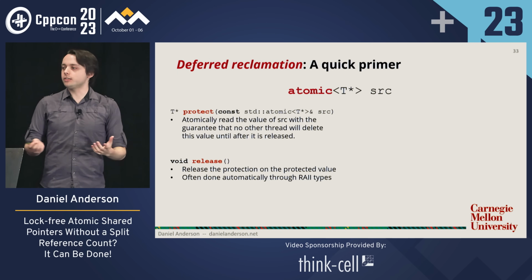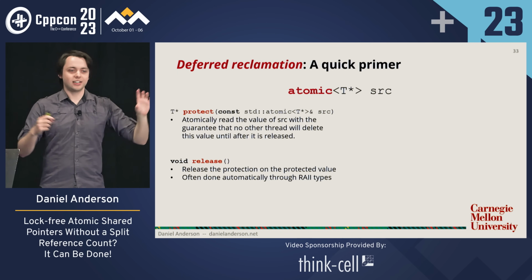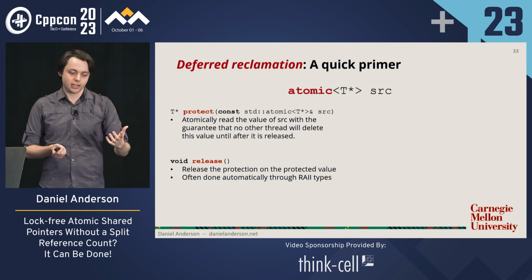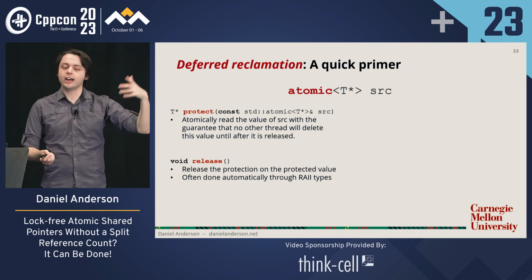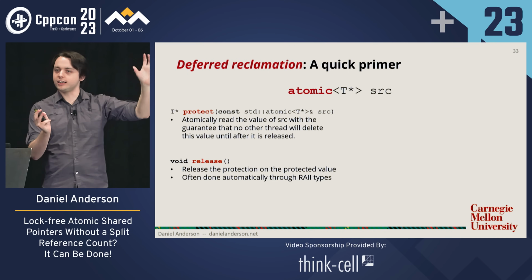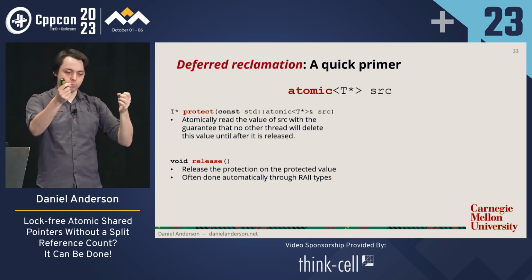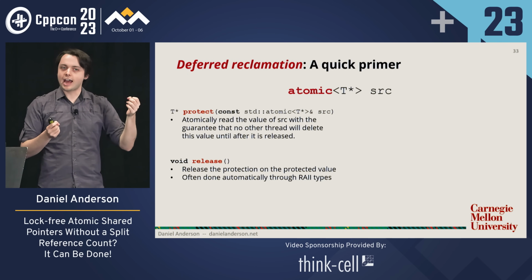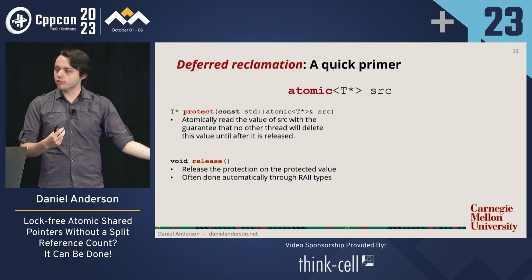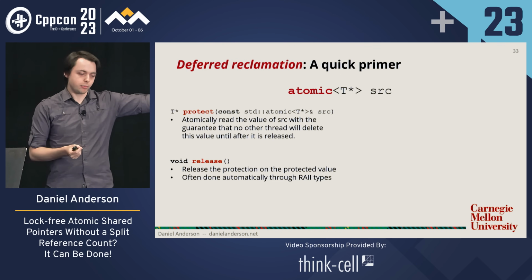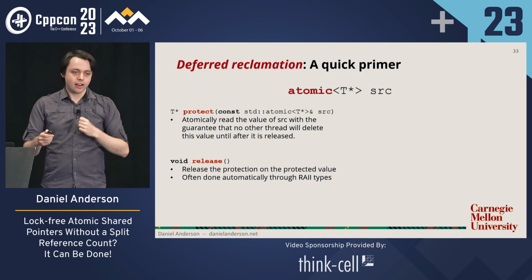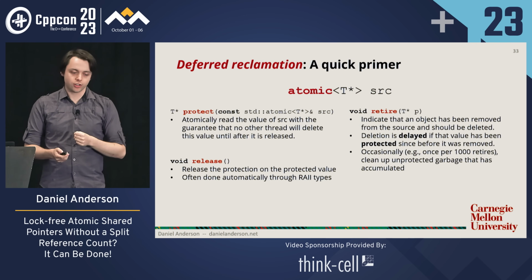Now in modern C++, because we like modern C++, in modern libraries for doing this kind of thing, we don't typically explicitly call release. We'll wrap that in a nice RAII guard, right? So we'll have some nice RAII type where we can protect from the source, and then when we drop that guard on the floor and it goes out of scope, it will call release for us so we don't leak.